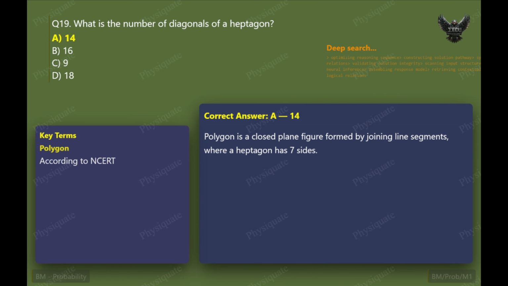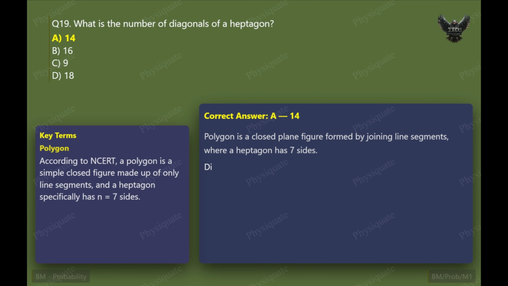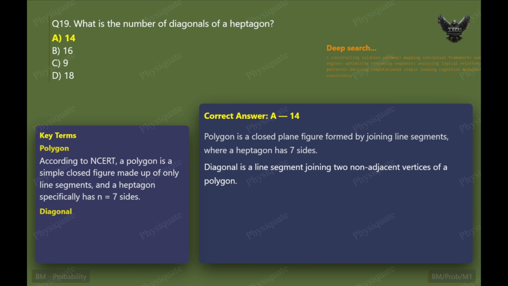According to NCERT, a polygon is a simple closed figure made up of only line segments, and a heptagon specifically has n equals 7 sides. Diagonal is a line segment joining two non-adjacent vertices of a polygon. Let us examine diagonal. As defined in geometry, a diagonal connects vertices that are not next to each other in a polygon.